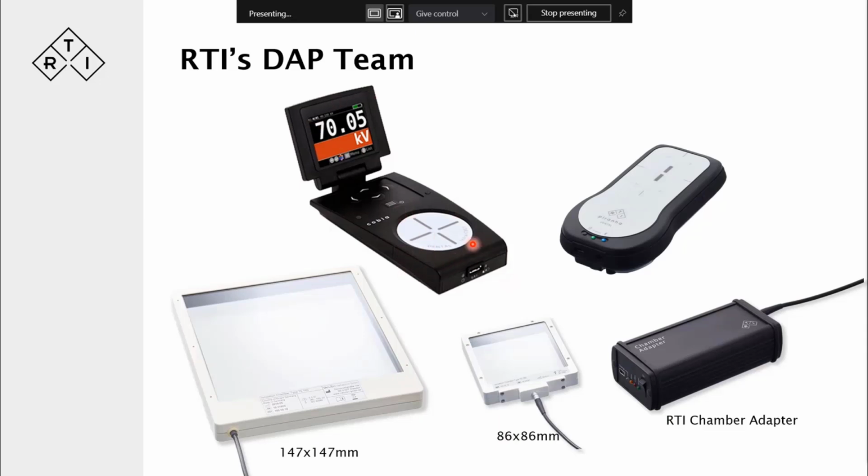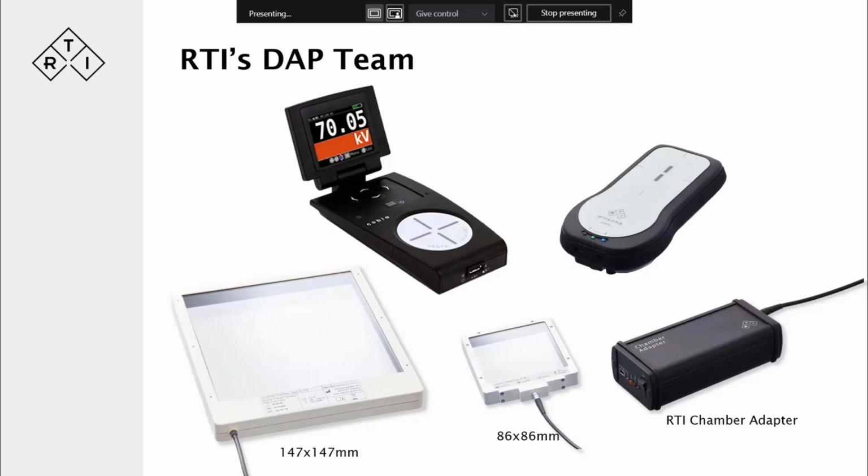For CBCT, kV measurements will be okay, because the detector will be fully irradiated with the CBCT beam. Those are typically large enough to cover the whole detector area. So that's the only exception that we need to worry about: for panoramic dental, we need to go with the Piranha.